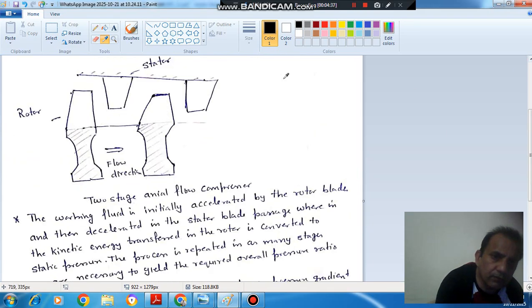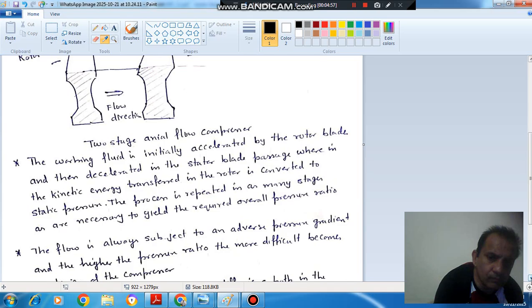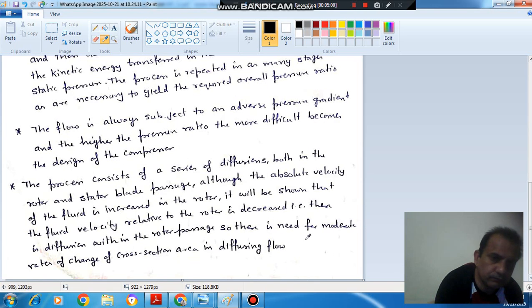So here the absolute velocity is increasing, but the relative velocity will decrease. That will increase the pressure of the air. The pressure will increase at the cost of a decrease in relative velocity, but the absolute velocity will increase.